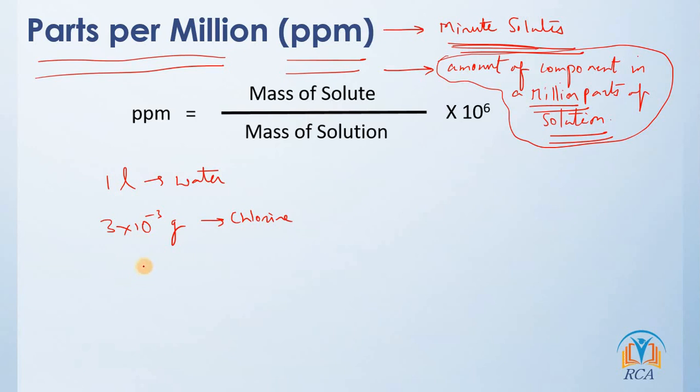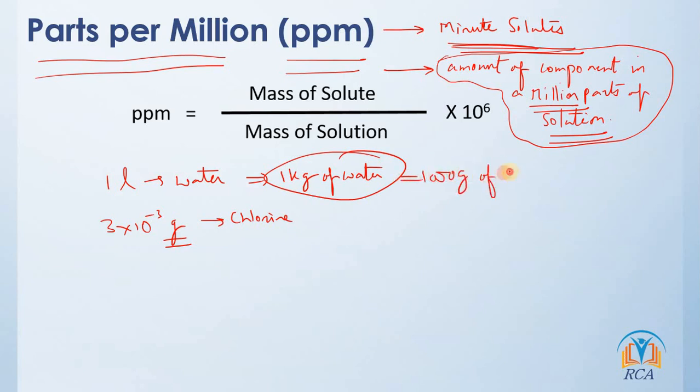It's going to be 0.003 grams of chlorine. It's a very small amount with respect to the 1 liter volume. Now we need to understand very clearly, the mass of chlorine is in grams. However, the solution given is in liters. Now 1 liter of water is almost equal to 1 kg of water. They are quite equivalent. That means it is quite equivalent to 1000 grams of water.